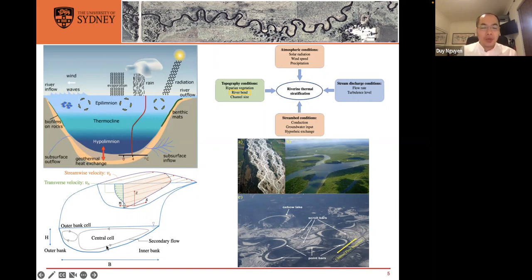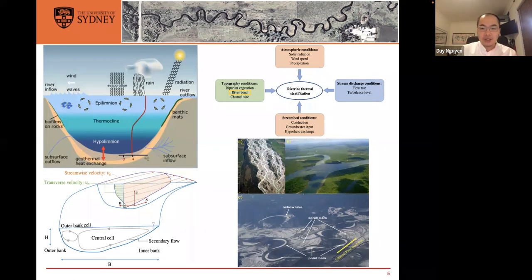Because we have strong activity of secondary flows, it leads to the creation of cells, the central cell and the outer bank cell here. So those cells make the topic that we investigate here more interesting, because these cells actually change the characteristics of the mean flow and the turbulent flow in a river. So it will lead to a change in the stratification.